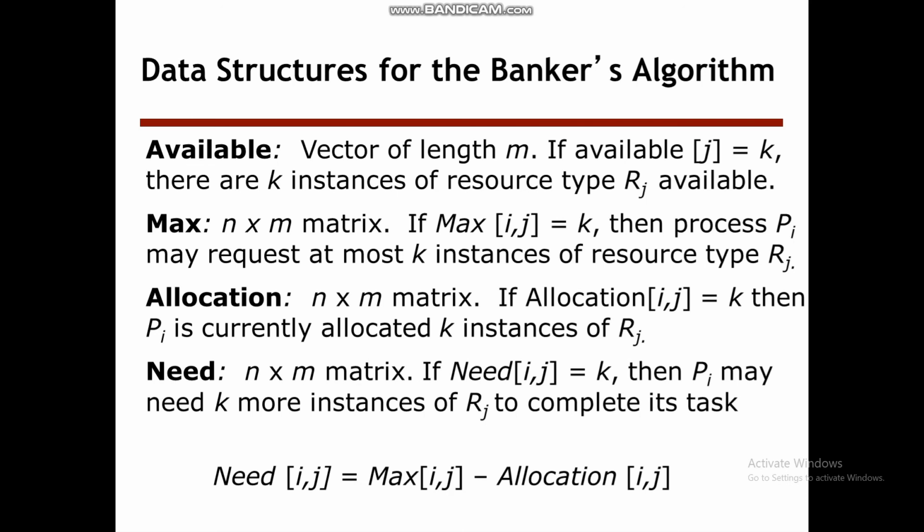All these things will be clear once we see the algorithm. Then allocation is also an n by m matrix, and if allocation[i][j] is equal to k, then Pi is currently allocated k instances of Rj. Then need is also an n by m matrix. How do we calculate need? Need[i][j] is equal to max[i][j] minus allocation[i][j]. All these things will be clear once we move deeper into the algorithm.